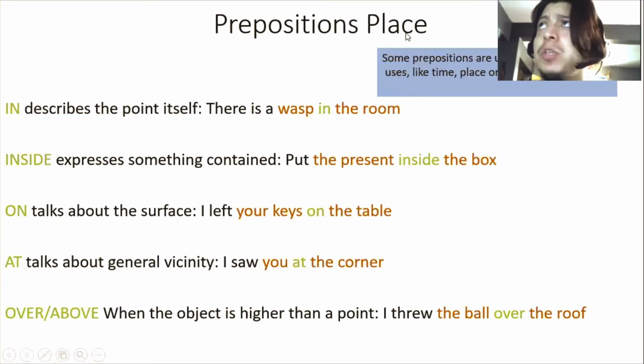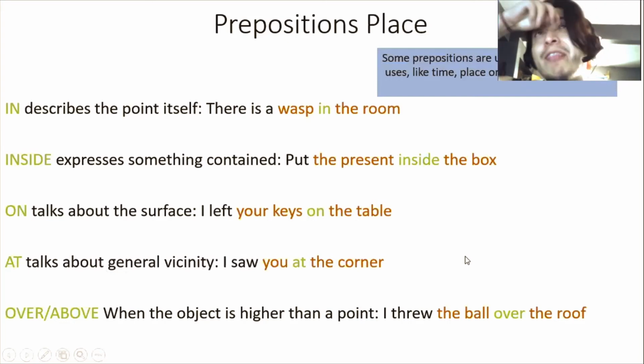At, when you're speaking about time, at is used with at night, at 6 o'clock, at noon. But when you're speaking about places, they talk about general vicinity. General vicinity means around that place, not exactly that place. For example, I saw you at the corner, around the corner.